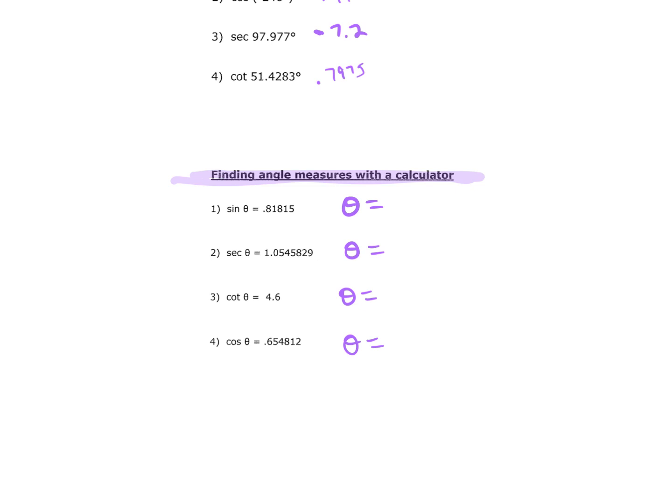So John, what'd you get for the first angle? 54.9 degrees, good. And then for number 2, Sam? 18.5. Okay, 18.52 degrees. Elena, number 3? 12.2648. Yeah, 12.2648 degrees, if you go out that far.